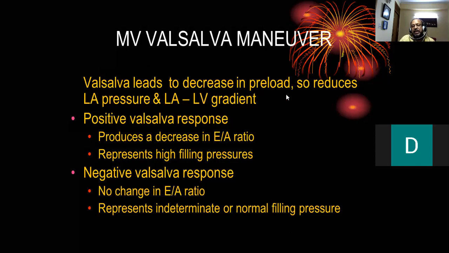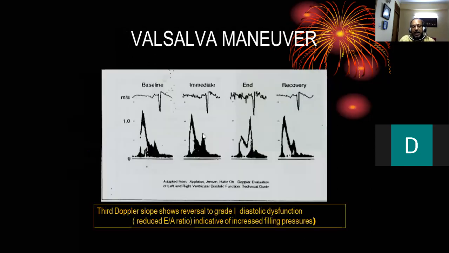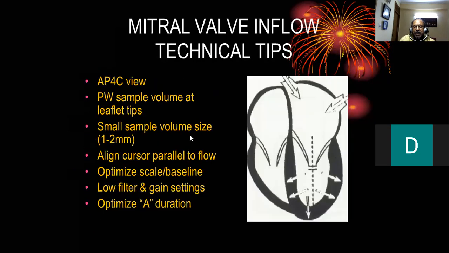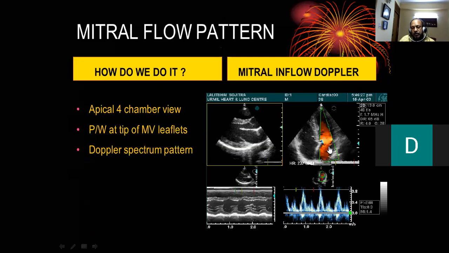But if you do this kind of a Valsalva during echocardiography, what will happen? You will misplace this image of E to A flow. How will it misplace? Suppose you are doing an echocardiography, put a sample volume, ask a patient to take a deep breath, and this image will disappear immediately. So what do you do? Keep a sample volume and ask the patient to hold his breath.